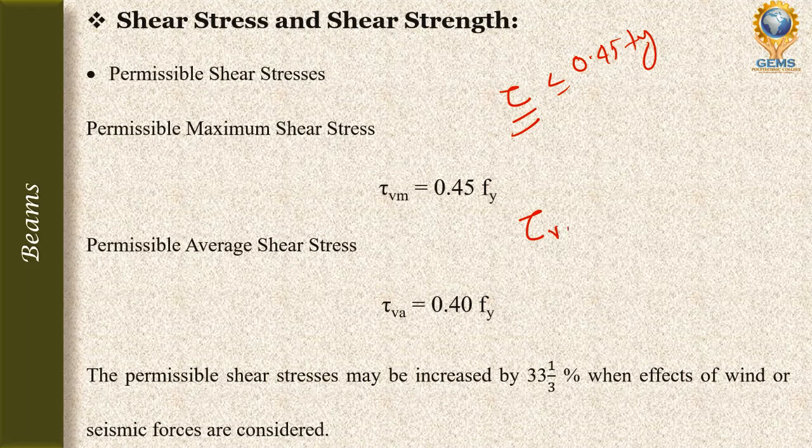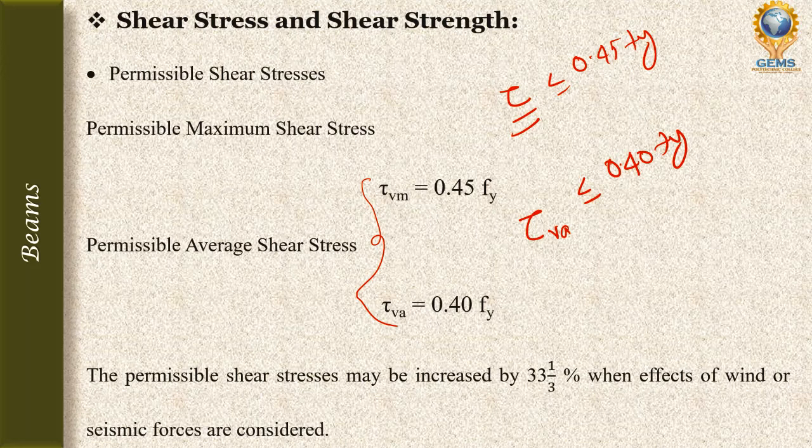If you are considering tau v a, then the permissible average shear stress is less than or equal to 0.40 Fy. So these are the two permissible shear stresses we consider. If you are considering maximum shear stress, we have to use tau v m. If you are considering the average shear stress, then we have to use tau v a.